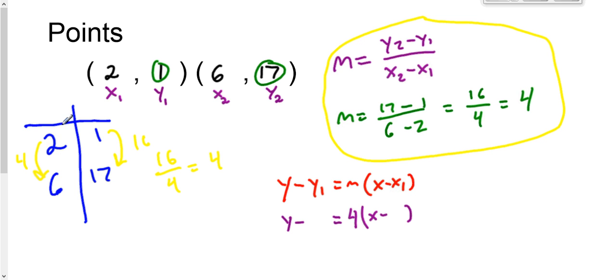In this case, let's pick our smaller point, the 2 and the 1. 1 is the y, 2 is the x. Convert it into our slope-intercept form. We get y minus 1 equals 4x minus 8. Add 1, and we get 4x minus 7.